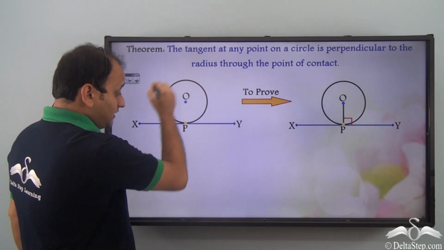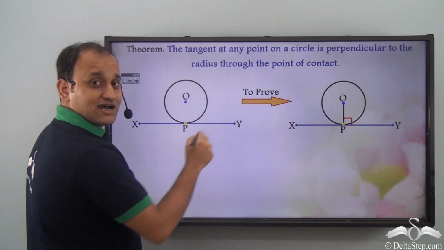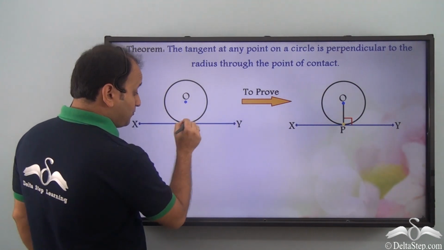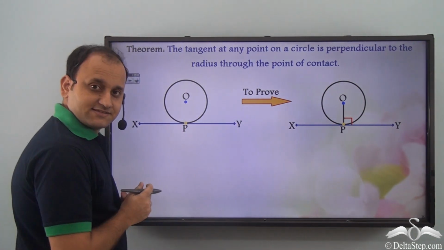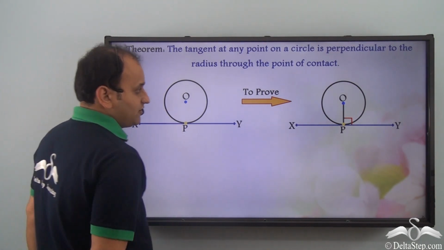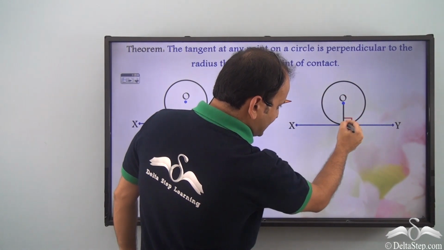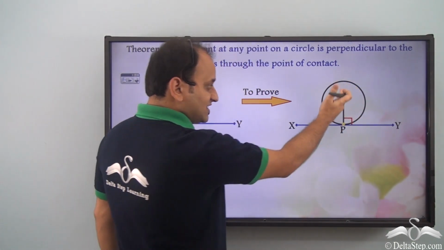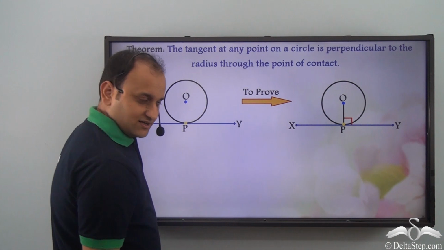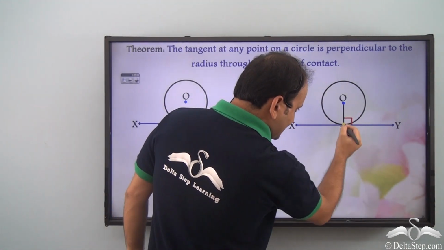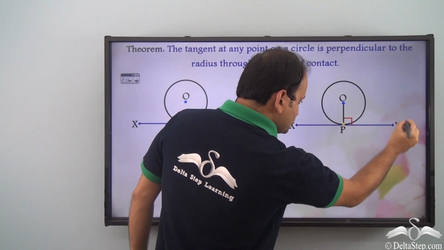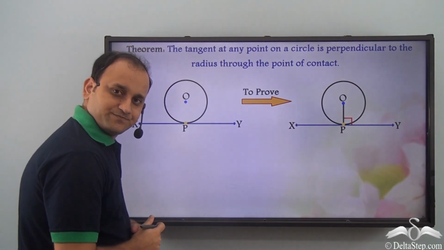If we have a circle and we have a tangent, now the point of contact is P in this case. So, if we draw a line segment such that it starts from O and touches P, then it is nothing but the radius of the circle, and this radius will be perpendicular to the tangent.